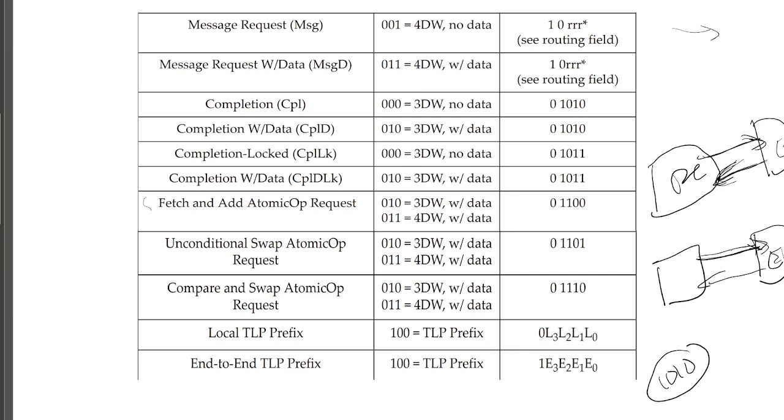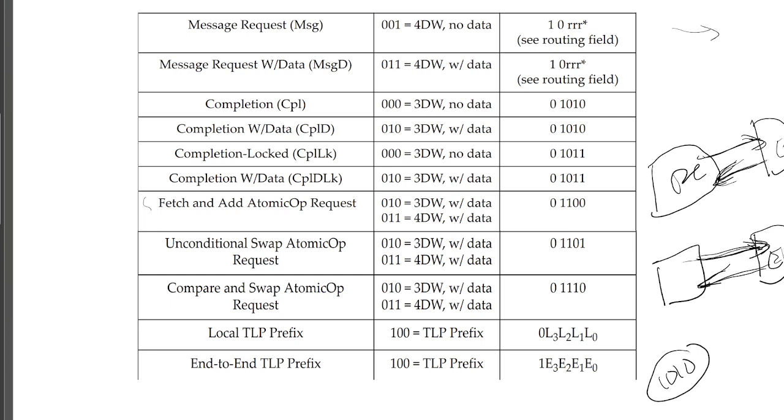If you want to read the same data, you will send another request from the RC, and you will get the data from the EP to the RC. So in that case, you are sending two different requests, memory write and memory read. But instead of doing two requests, to improve performance we are introducing atomic operations. With an atomic operation, memory write and memory read can both be done at the same time. This is a feature for improving performance.